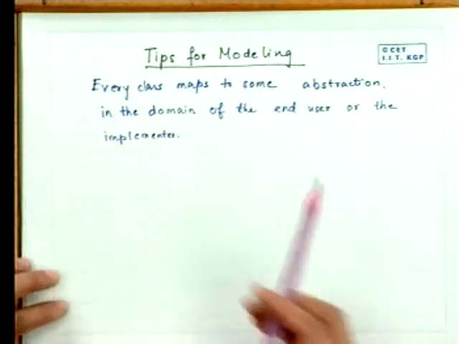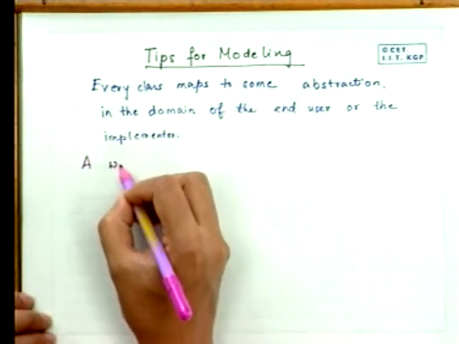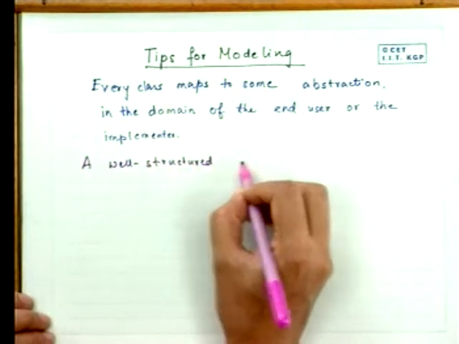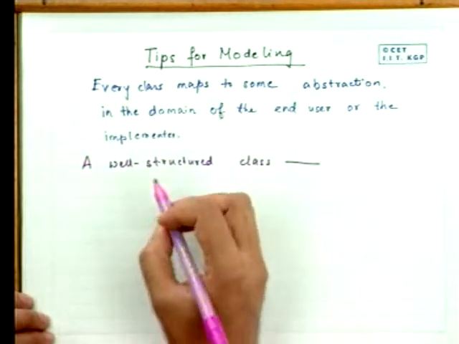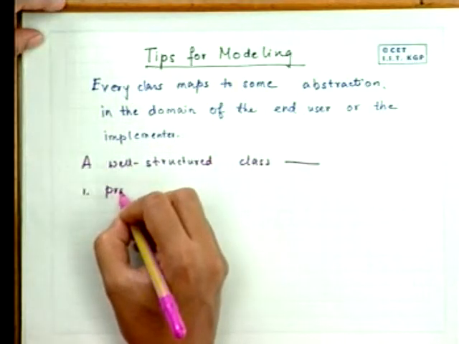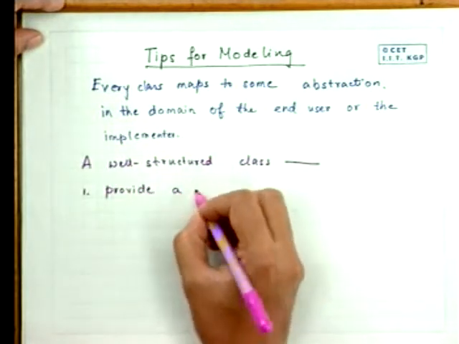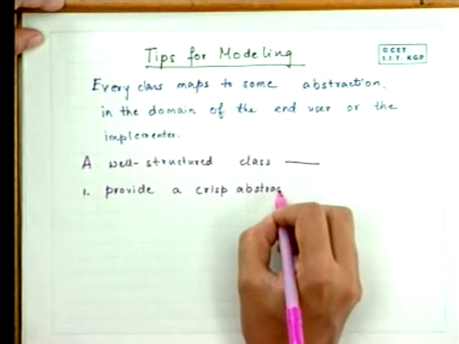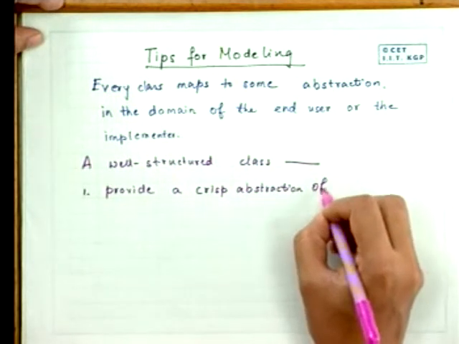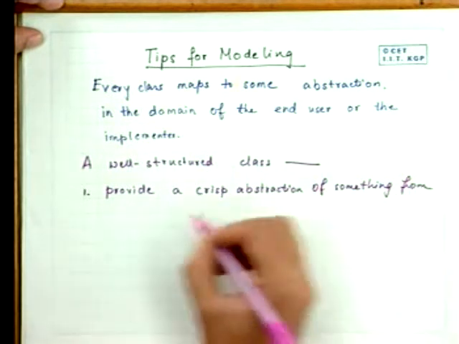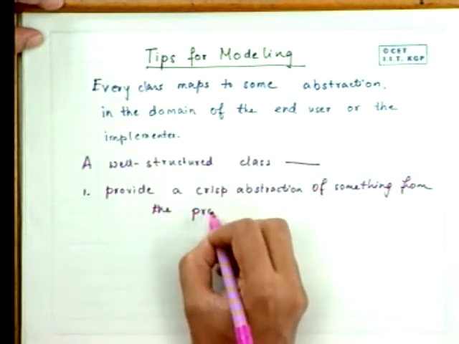And a well-structured class is one... What are the characteristics that a well-structured class should have? Number one, it should provide a crisp abstraction of something from the problem domain or the solution domain.